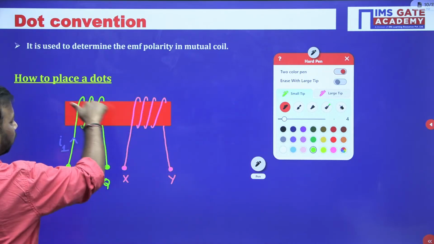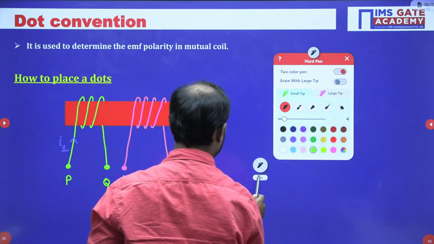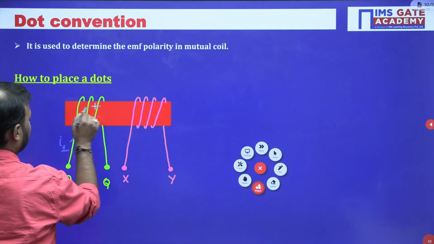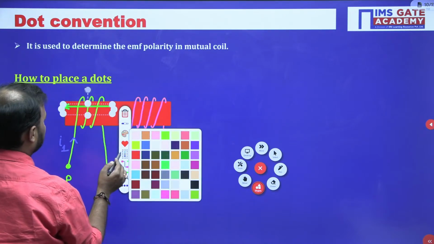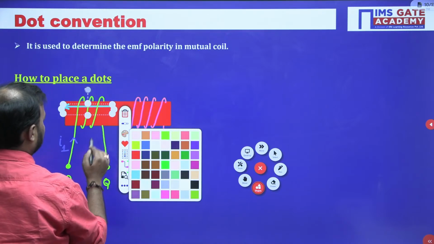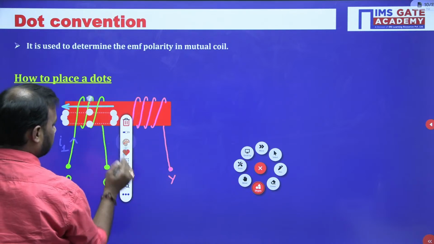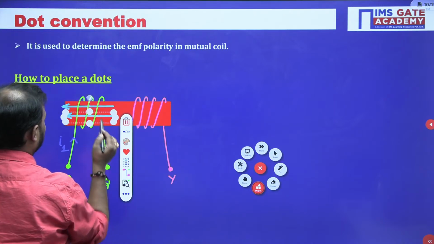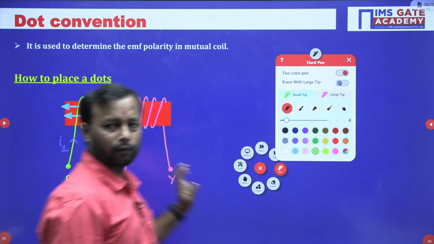Current direction is upward, so flux direction will be from right to left. This gives the flux in this direction. Okay, so this is the flux of coil 1.